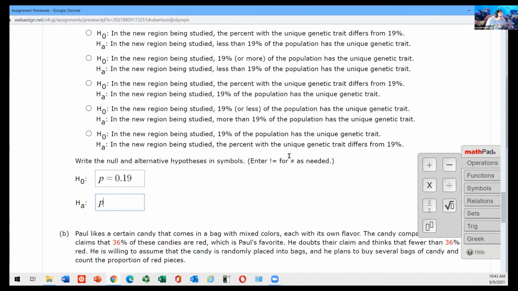You can't really get a not equal to, and I don't know why it wouldn't be that hard to get. So you put exclamation equals to mean not equal to. And the reason I'm doing a not equal to is, in this story, didn't they say if it differs enough from the other one, it means they're not the same ancestry? Right? If they differ in a big enough amount.